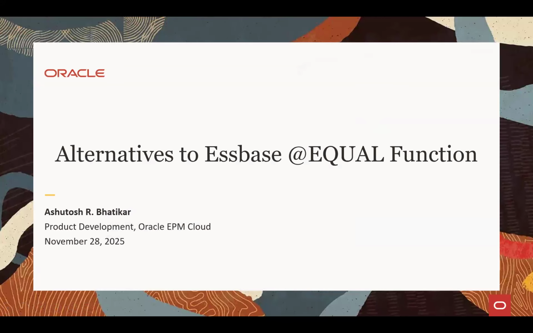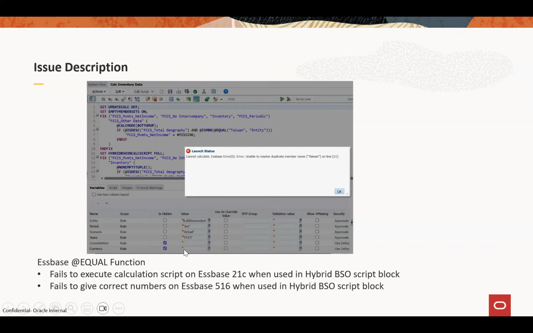Today I'll be discussing an important Essbase aspect for BSO cubes that involves hybrid Essbase calculations, namely the @EQUAL function. It has been found that when the Essbase @EQUAL function is used in duplicate member outlines of FCCS, it fails to execute the calculation script on Essbase 21C inside hybrid BSO calculations.